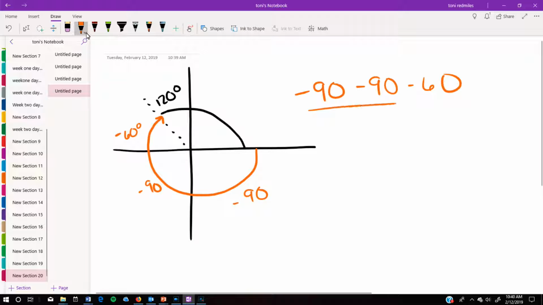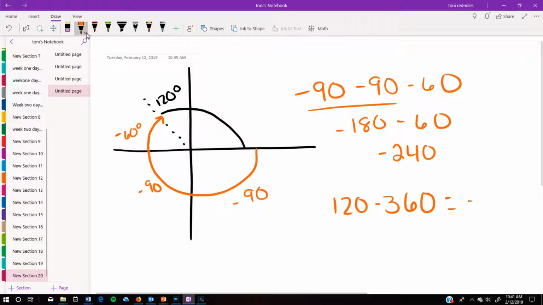All right, so this is going to give me a negative 180. Okay, so negative 240. All right, and of course, like I said, the super smart people of math said all you have to do is subtract 360, and you would get a negative 240. All right, so that's how I find coterminal negative and positives.